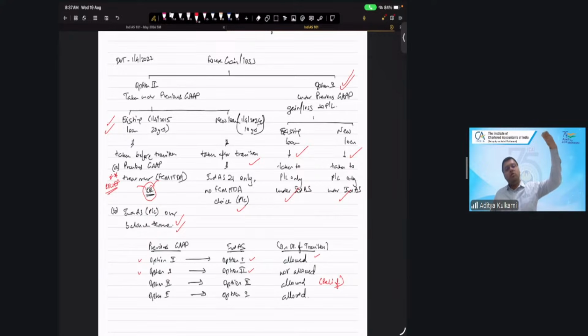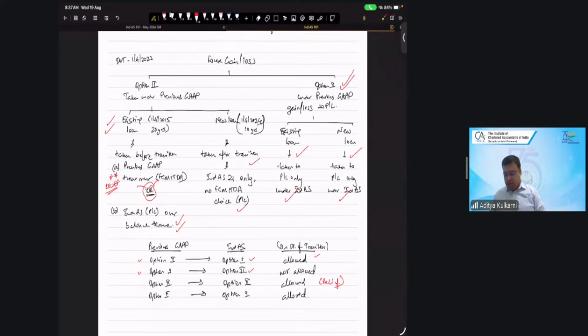Earlier I was washing everything in the P&L. Current year, I got this itch to take it to FCMITDA. Ind AS says no, no, no. We will allow cleaning up of old sins, but we will not allow creating new sins.